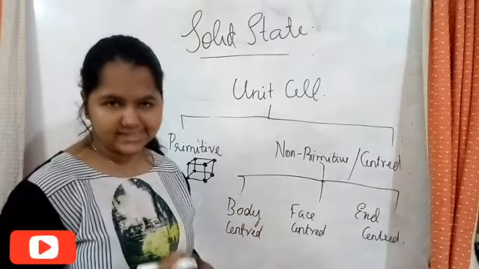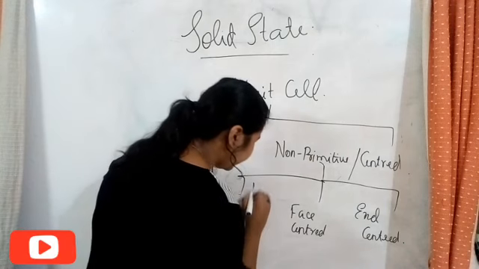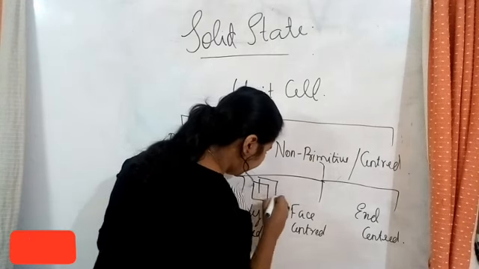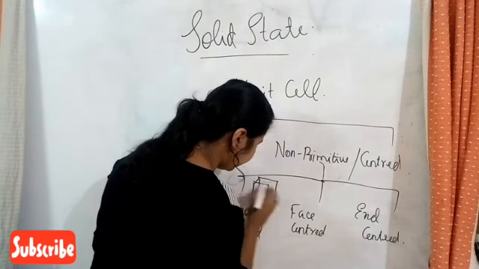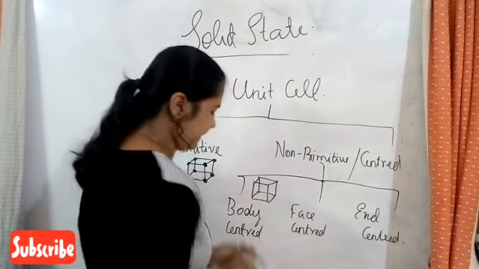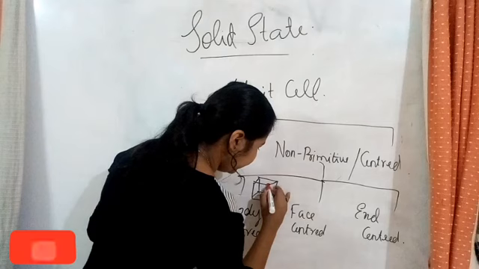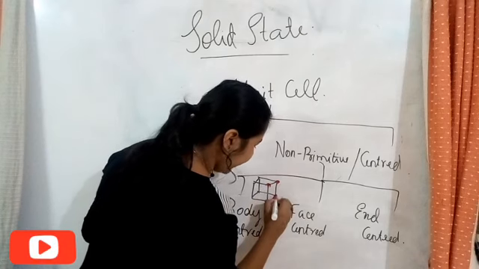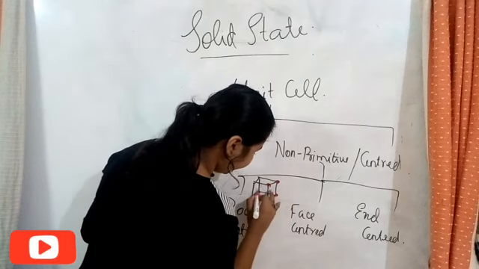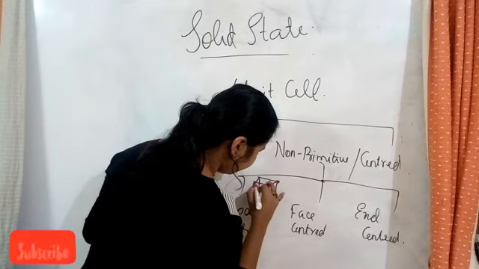Whereas for body centered, let's draw a cubic unit cell first. Here there is an atom, a molecule or an ion, any of them.